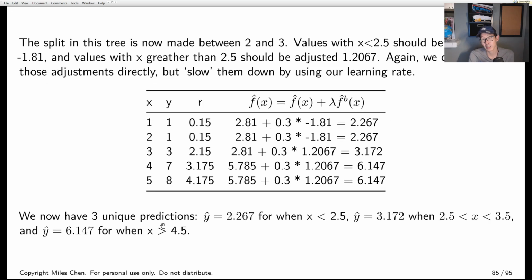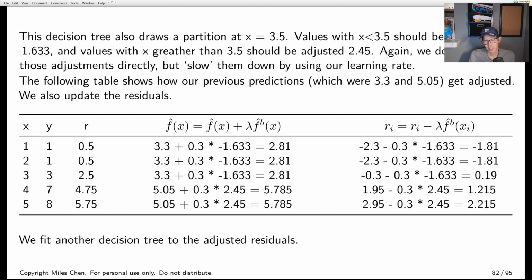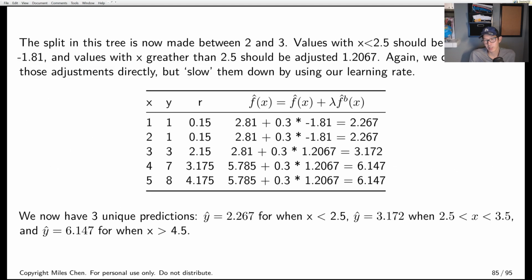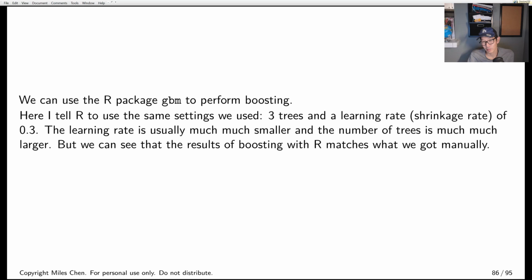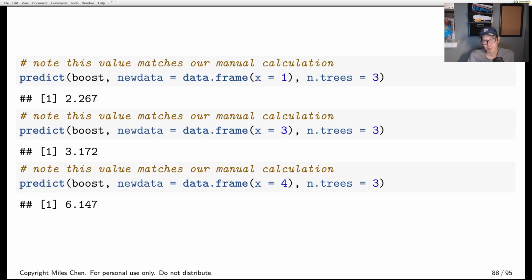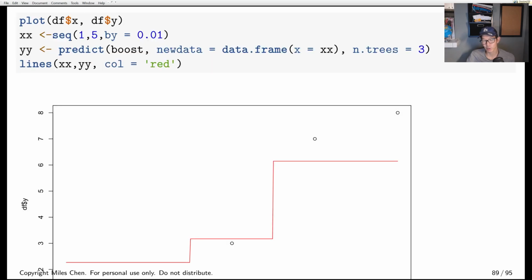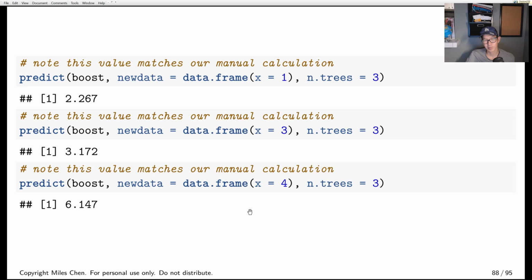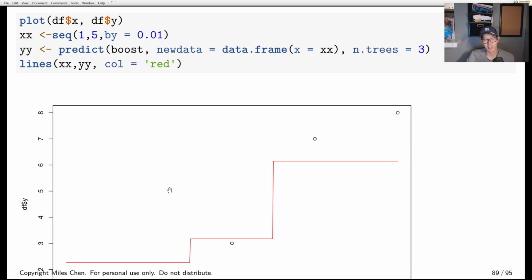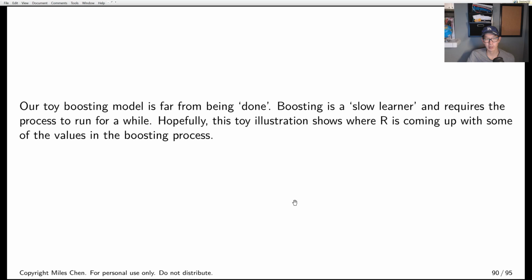My hope is that these tables and steps illustrate how we're getting these values. If you followed this process to the end with GBM and allowed it to fit thousands of trees, you'll actually get pretty good performance. These are our predictions, which are terrible, but that's what we have. So our toy boosting model is far from being done.